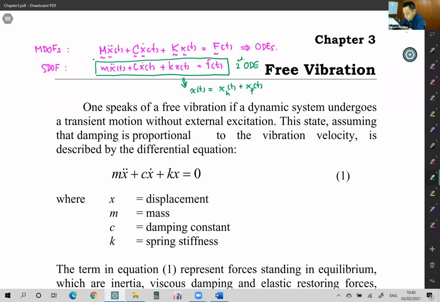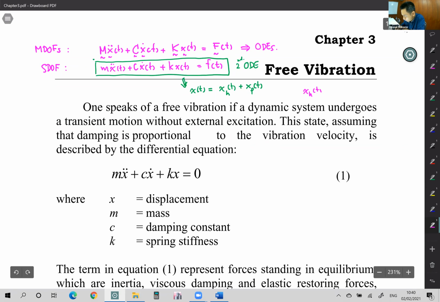Okay, therefore the complete solution x of time t becomes the summation of the homogeneous part, xh, plus the particular part, xp.